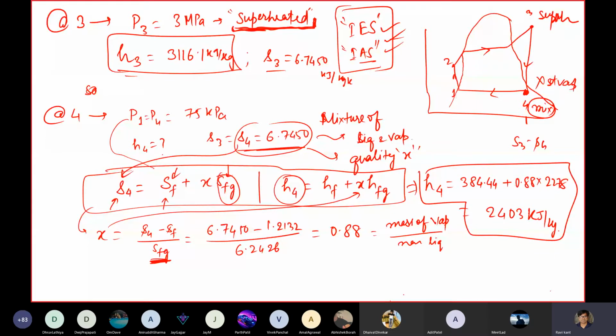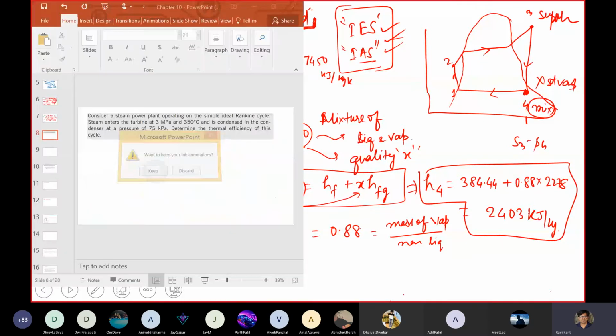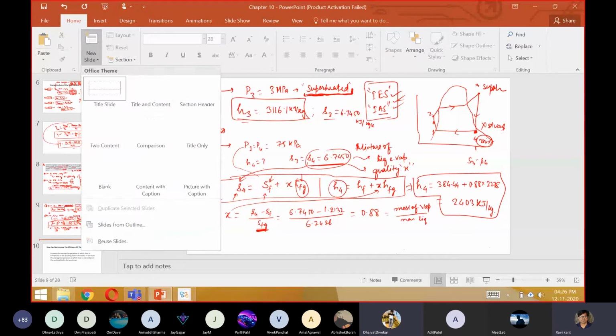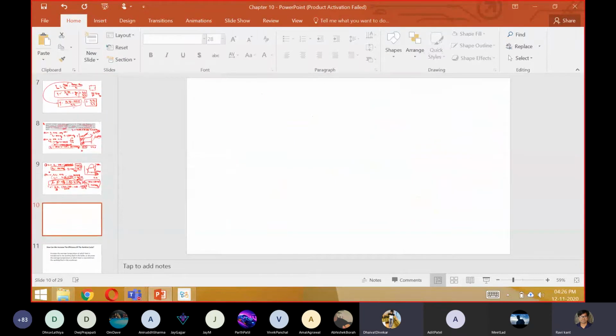Okay, now everything is in our hands. What should we do? Now we have reduced the formula of efficiency, which is 1 minus H4 minus H1 divided by H3 minus H2. So can I calculate? Efficiency is 1 minus Q out by Q in. And what was my Q out?